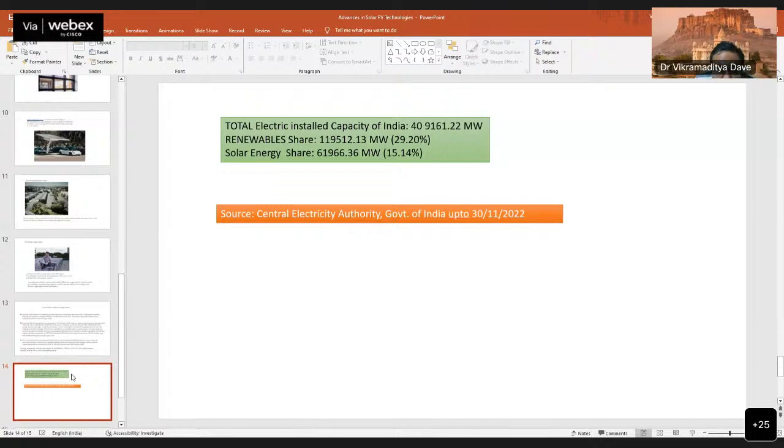The solar energy share out of the total electric installed capacity is near about 61,966 megawatt, which is 15.14% of the total installed capacity. And this 15% is 50% of the total renewable energy share. This data is obtained from the Central Electricity Authority, Government of India.